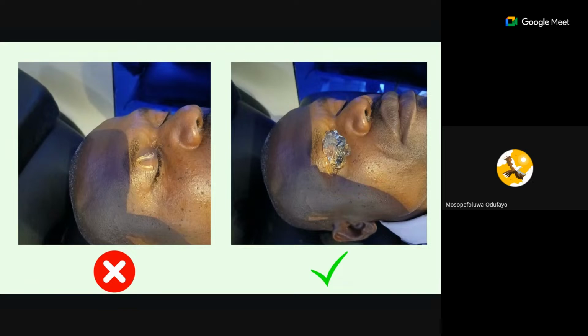The gel is applied very, very generously.